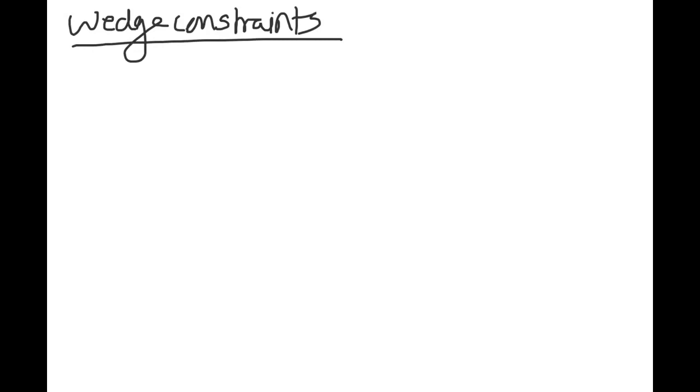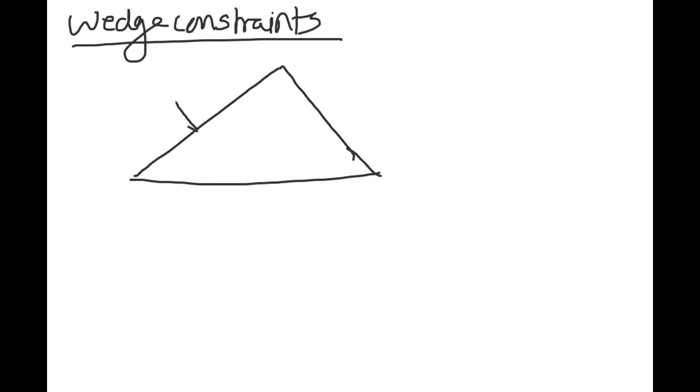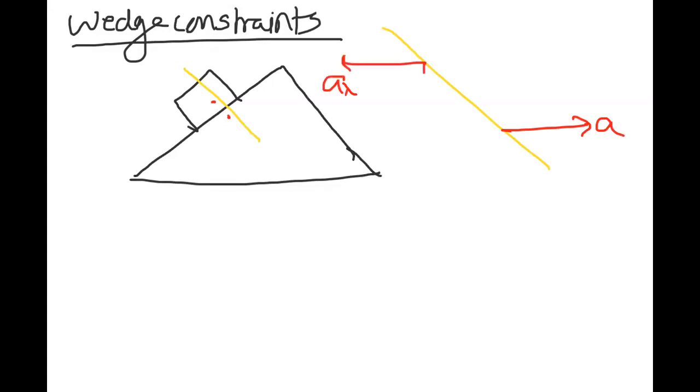In a wedge constraint, we have the wedge and the block moving together. So I draw one point, and I draw a straight line. The acceleration of the wedge is A, and the acceleration of the block I will assume to be AX and AY.